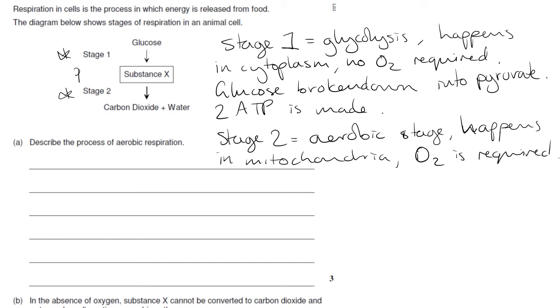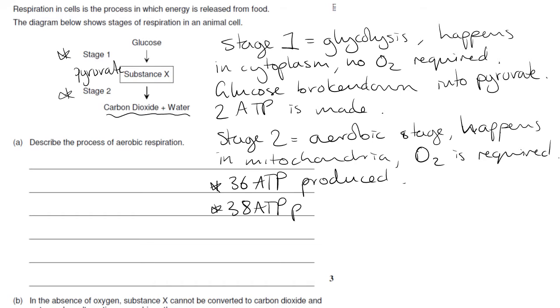Now, I've already named that this is pyruvate, this substance X. So if I've already said that the glucose was broken down into pyruvate, then I don't then need to say, oh, the pyruvate's broken down into CO2 and water, because look, it's in the picture, okay? So what else do I get? I get 36 ATP produced. And I get 38 ATP produced in total for 1 glucose.